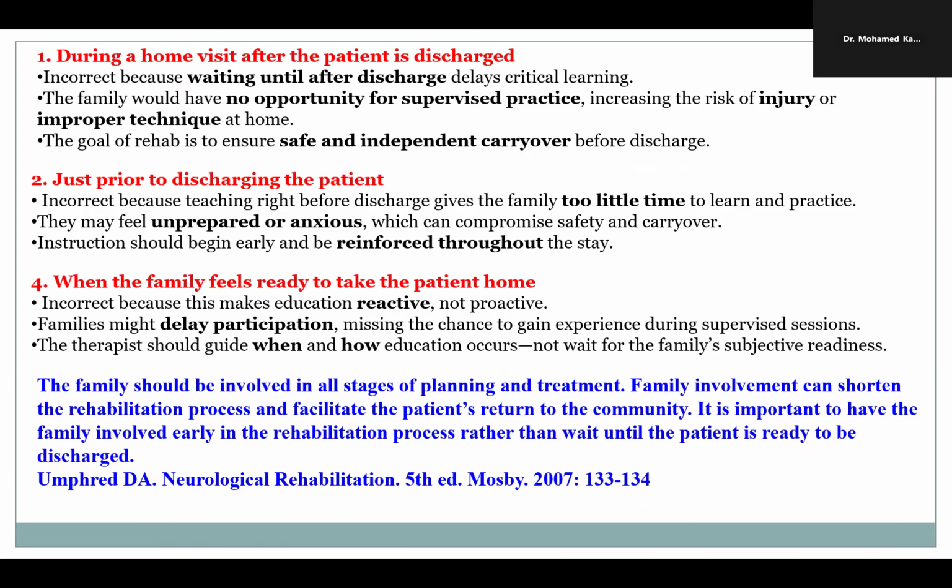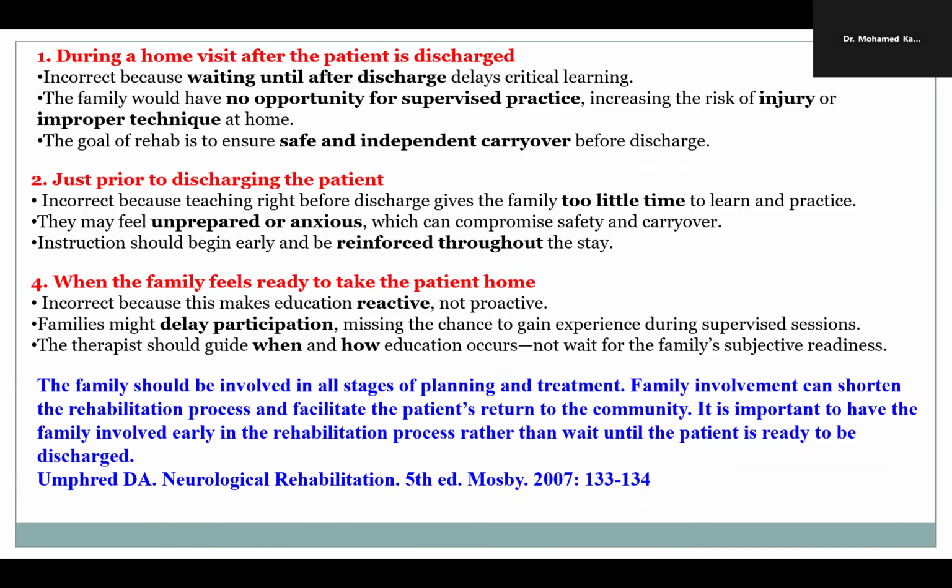So to summarize all what I said, the family should be involved in all stages of planning and treatment. Family involvement can shorten the rehabilitation process and facilitate the patient's return to the community as soon as possible.